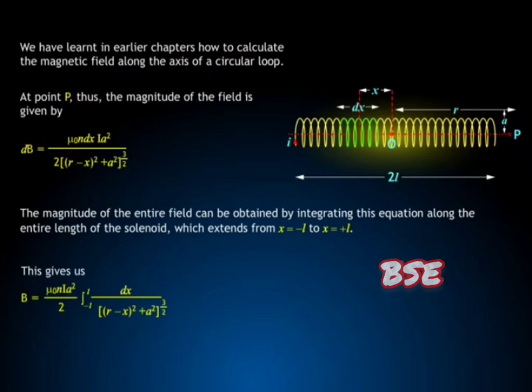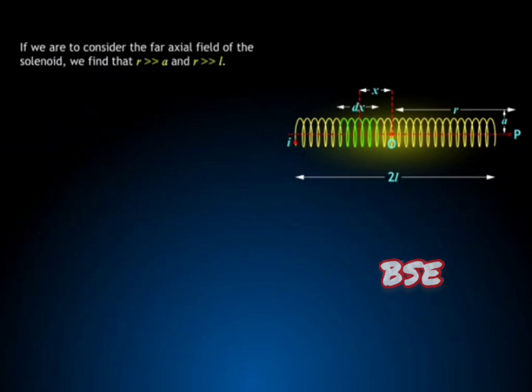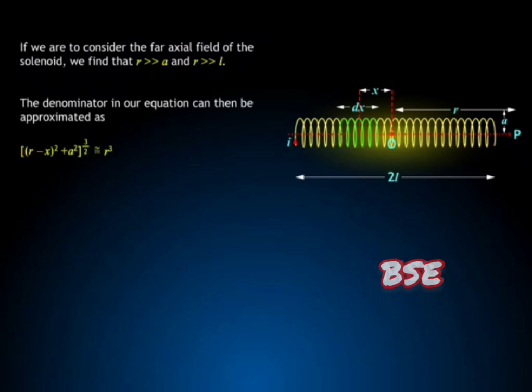This gives us B equals mu naught n I a squared by 2 times the integral from minus L to L of 1 by (r minus x) whole squared plus a squared, whole raised to 3 by 2, dx. If we consider the far axial field of the solenoid, we find that r is much greater than both a and L. The denominator can then be approximated as (r minus x) whole squared plus a squared, whole raised to 3 by 2, equals r cubed.